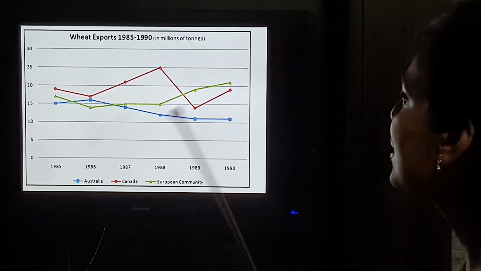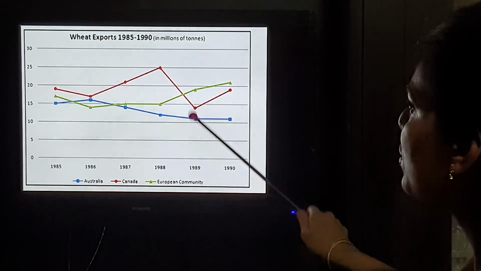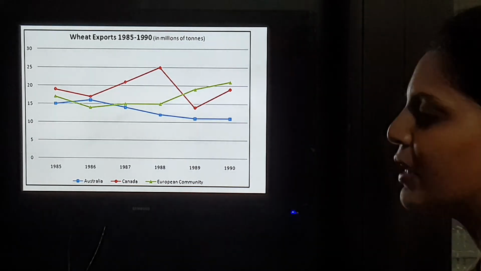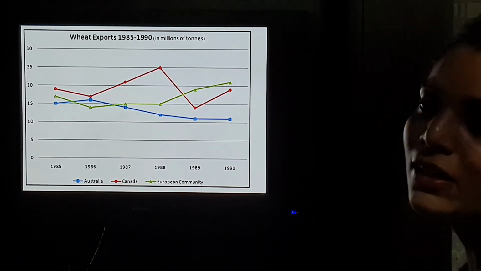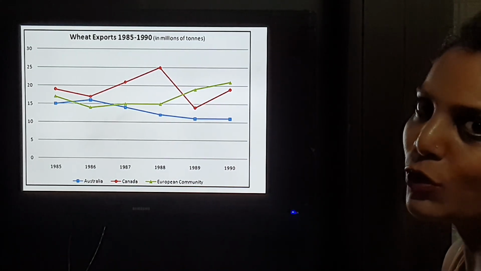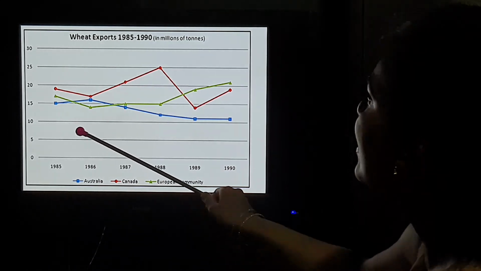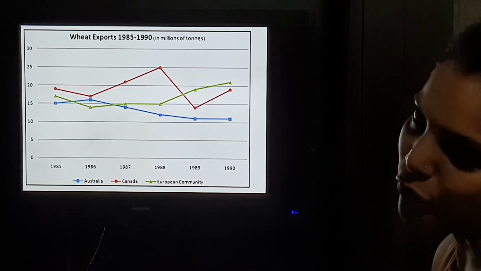So all these 3 points, that is this maximum wheat export all over, this maximum wheat export in 1988 and this minimum wheat export in 1990, form the part of your overall analysis, right? You can also write that Australia exported minimum quantity of wheat.